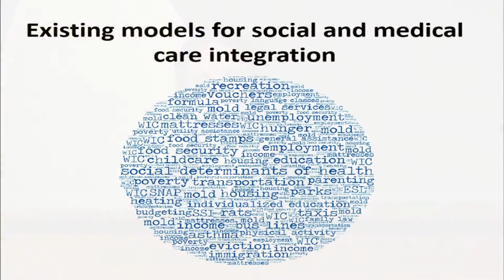So this is a word cloud that our research team at UCSF put together based on a comprehensive literature review and a series of over 50 key informant interviews with experts in the field. You can see that interventions are already being done on a range of social issues inside the healthcare delivery system.